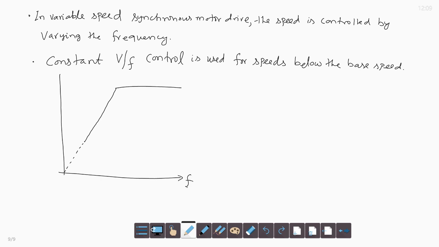This is the frequency or synchronous speed omega s, and the vertical axis is the voltage. This is the voltage, and this is the base speed. Below the base speed V by F ratio is maintained constant, only at low speed region the V by F ratio is increased to compensate for the stator resistance drop.